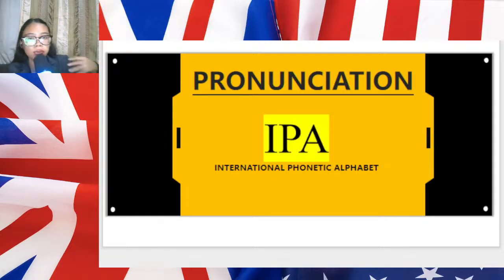Even I don't totally know them. There are times that I forget what the symbol of a particular sound is. But if you want, you are not restricted or hindered from memorizing the whole chart. We are going to understand what the IPA is and why it is so useful.